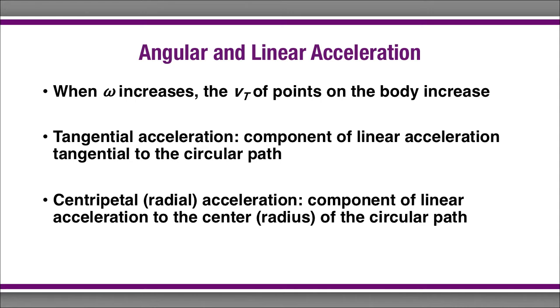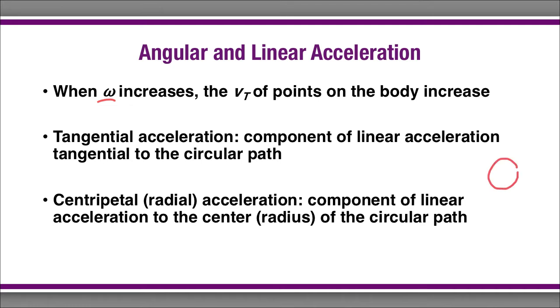From these conceptual components, we know that when angular velocity, or omega, increases, the tangential velocity of points on the body actually increases. Now, tangential acceleration is defined as the component of linear acceleration tangential to a circular path.